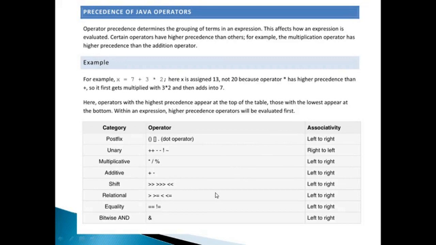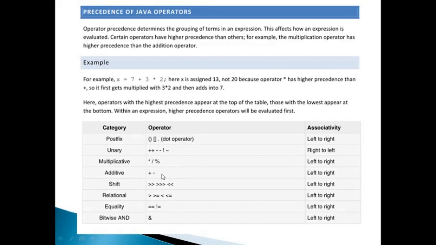As you can see, the topmost level of precedence is parentheses and the array square brackets, then the unary operators, then multiplication, division and the modulus operator, which all fall in the same category of precedence.